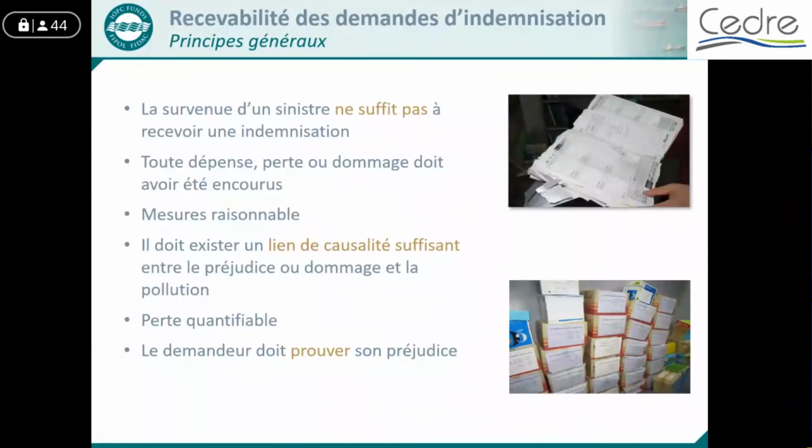Then the next point is that the measures enacted have to be reasonable. If there are 15 kilos of seaweed that are covered in oil, you're not going to send a semi-articulated lorry to pick them up. And then there must be a sufficient link of causation between loss or damage and the pollution.